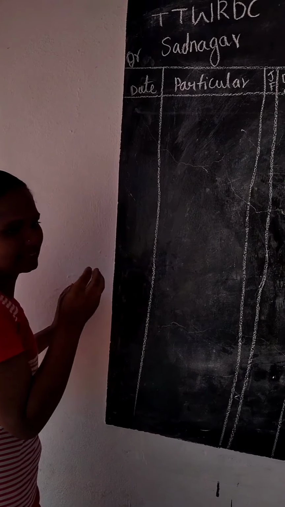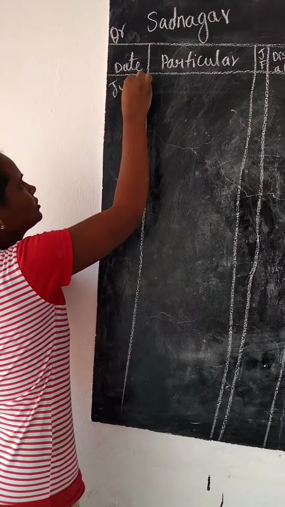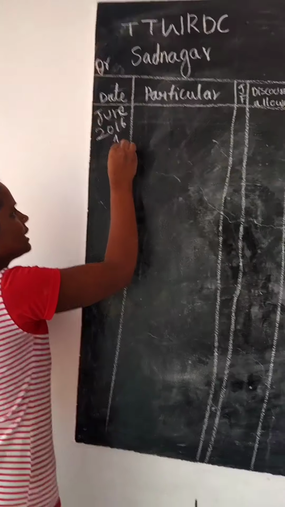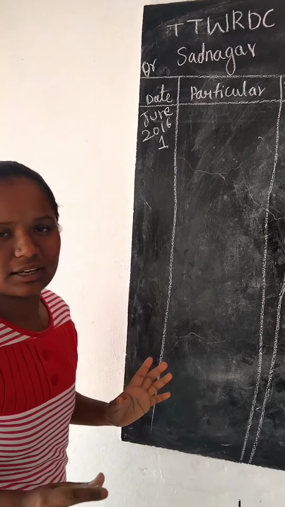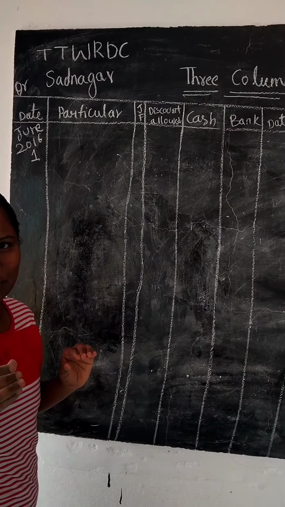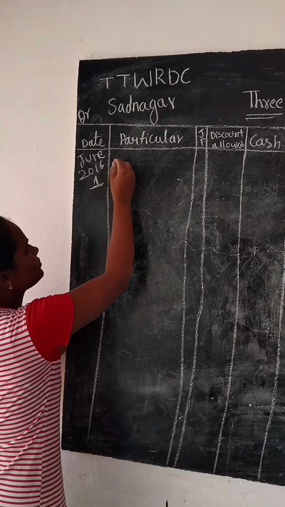The business is started on the first day of June 2016. We should write that they are starting the business. It is the opening day of the business.